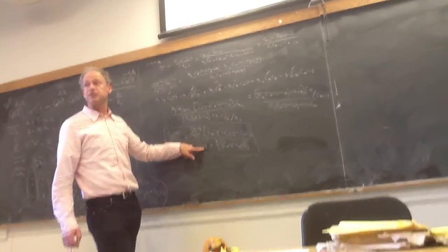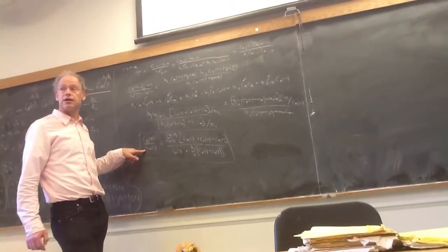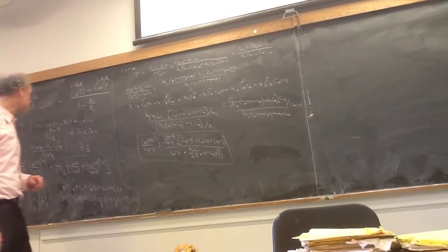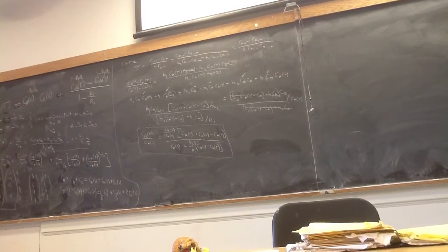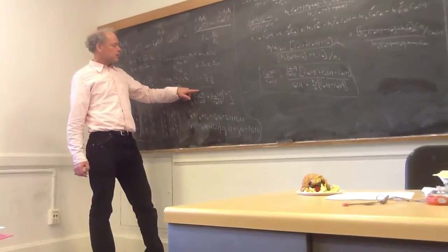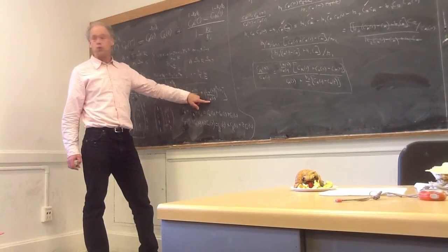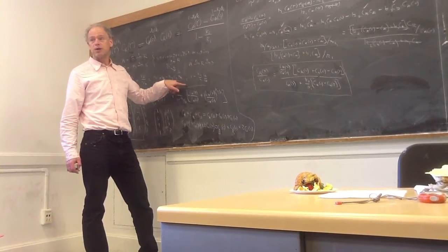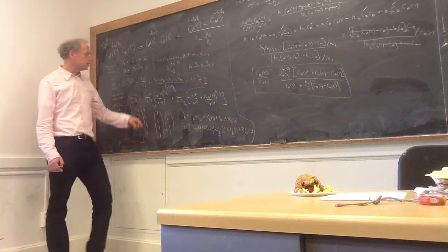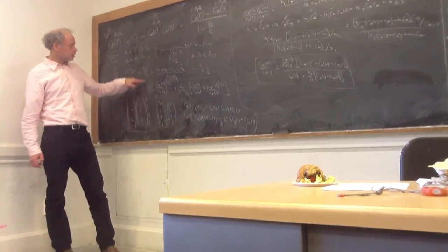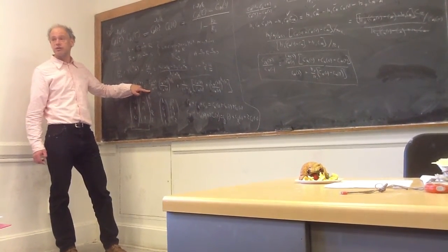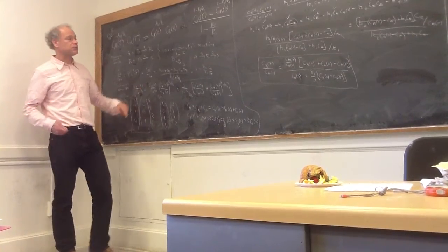When tau is 0, I have CA of 0 here, so I just get it again. So at least that works out. Let's make sure that works out here as well. When tau is 0, this is 1, and this is 1 raised to the power 1 minus 1, which is 0. So this term drops out. This just becomes 1, and I'm just left with CR of 0 over CA of 0. So they both work out at tau equal to 0.